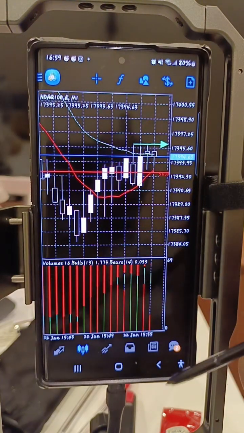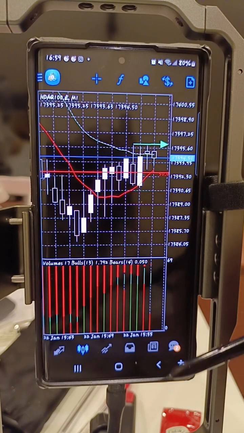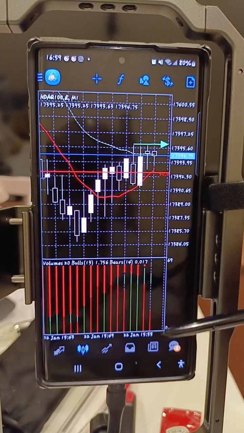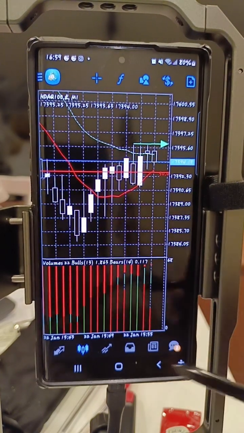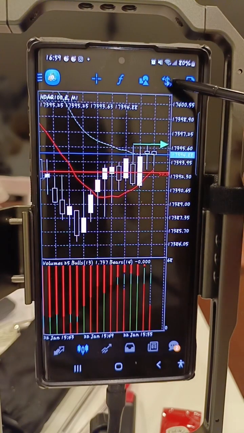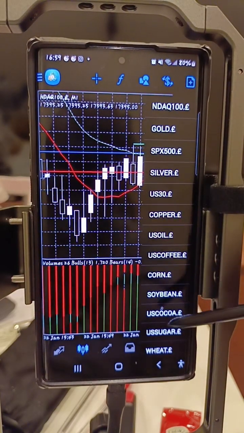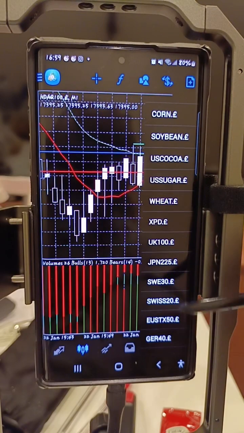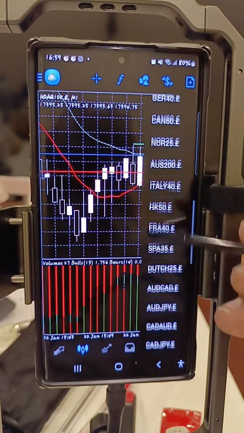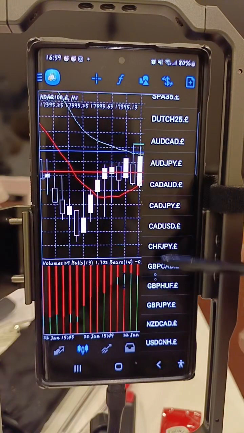This is for educational purposes only. I will go through and show you how I do my setup from scratch. If I take any instrument that I'm currently not trading, I'll show you my original setup from the start.